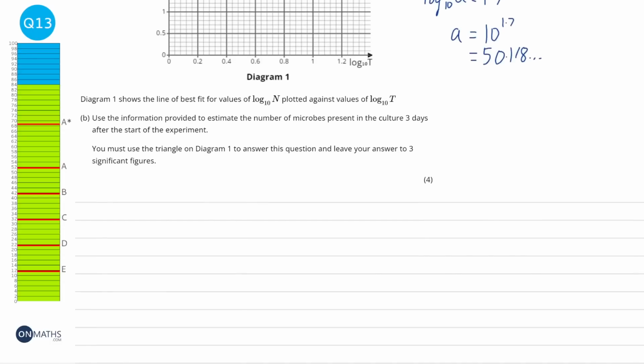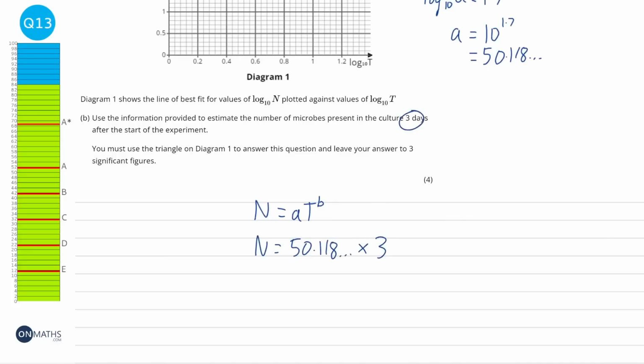We're going to rewrite the equation of the line. So it was n equals a t to the power of b. So this isn't the equation of the line, this is kind of the original equation, although it is the equation of the line, it's the relationship. And so n equals the a, which is that 50.118 blah blah blah, times 3, because we're looking for 3 days.